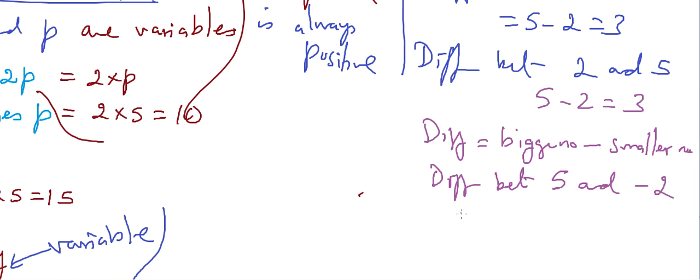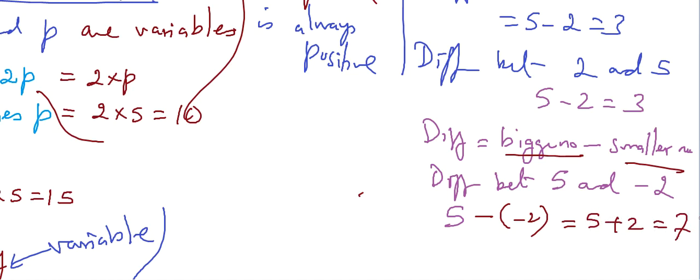How to find the difference? Difference is bigger number minus smaller number. What is the bigger number here? 5. What is the smaller number? Minus 2. So it becomes 5 plus 2 equal to 7. So the difference is 7 in this case.